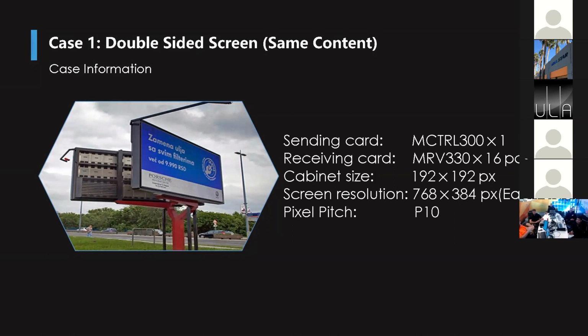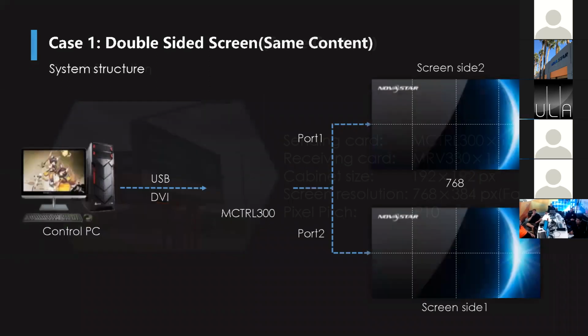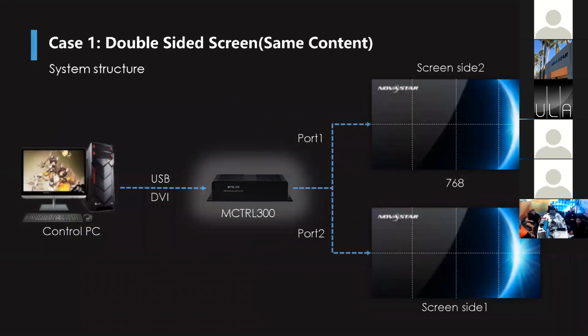Combined resolution is 192 by 192, and the screen resolution for each side is 768 by 384, that's P10. And for case one, that's a double-sided screen, but both sides show exactly the same content.